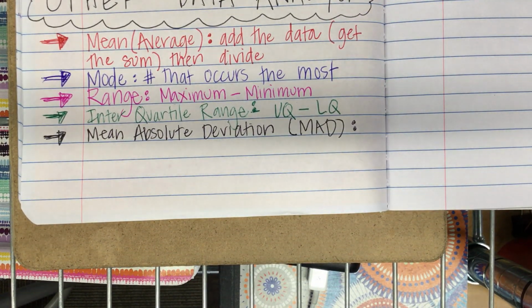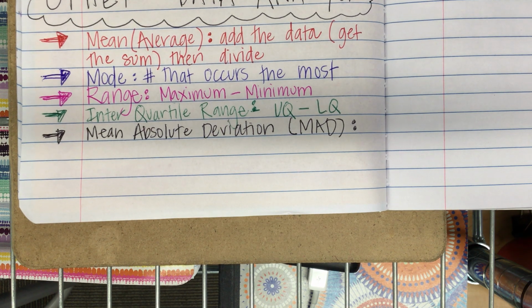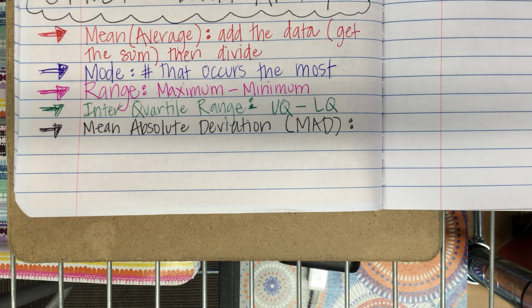The mean absolute deviation. There are multiple ways to find a mean absolute deviation, but the words mean absolute deviation mean as follows. Mean is the average. So there's going to be some form of taking the data, adding it up, and dividing by a value.